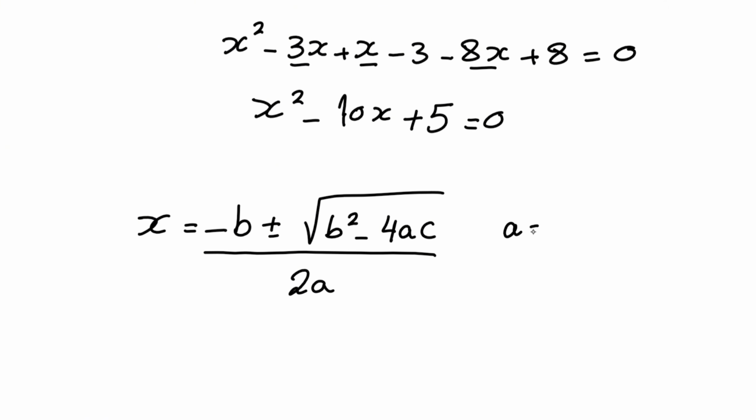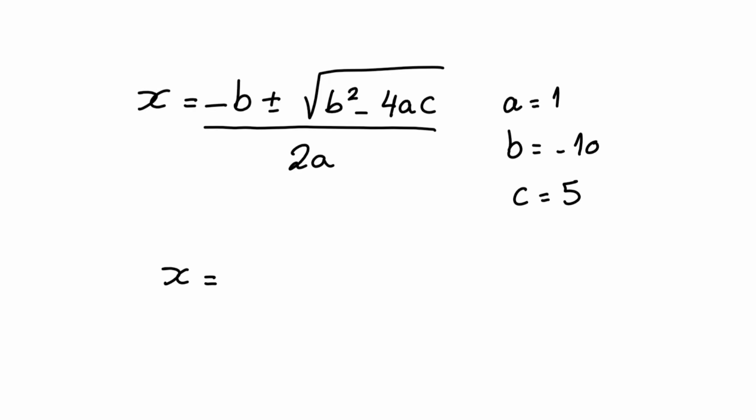For this equation, a equals 1, b equals negative 10, and c equals 5. So, x equals negative b plus or minus the square root of b squared minus 4ac, all divided by 2a.